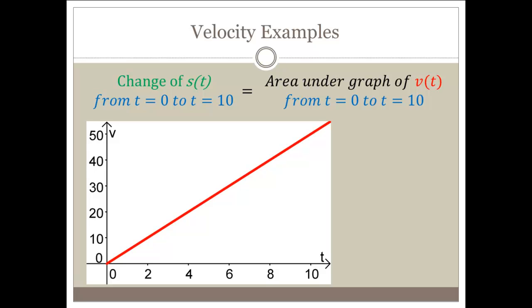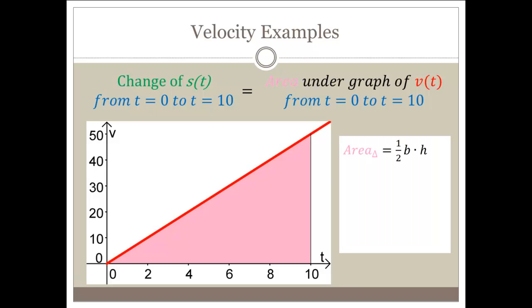Since v of t equals 5t, its graph is a line, and what we are looking for is the area under the graph from t equals 0 to t equals 10. To compute this area, we'll use that the area of a triangle is given by 1/2 base times height, since this is a triangle.